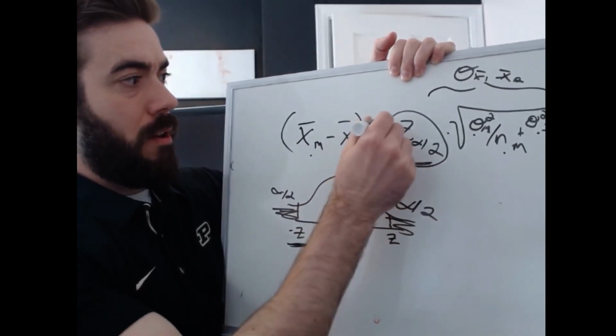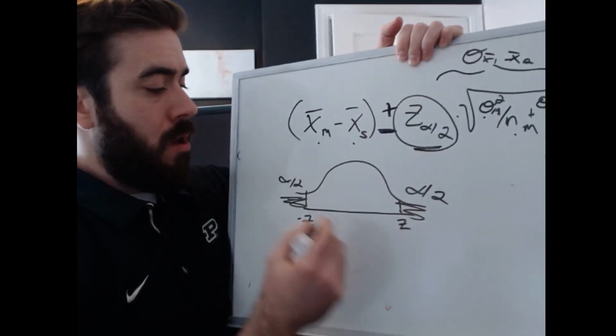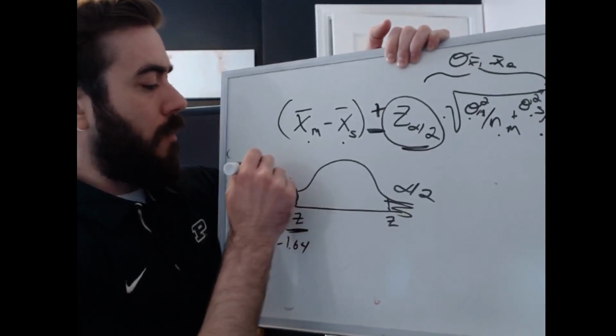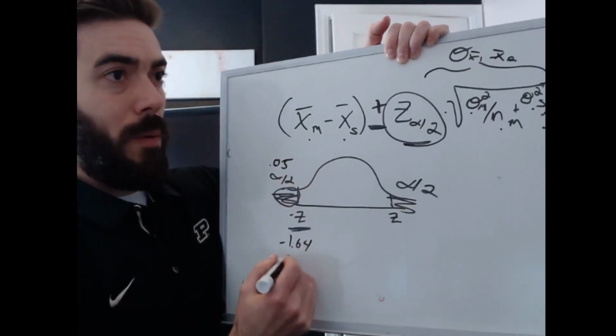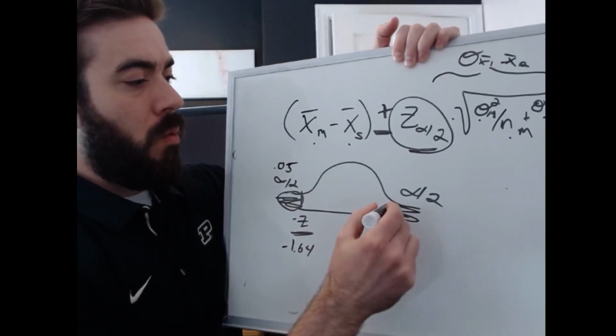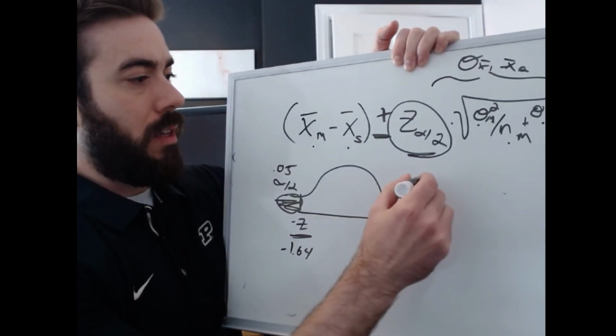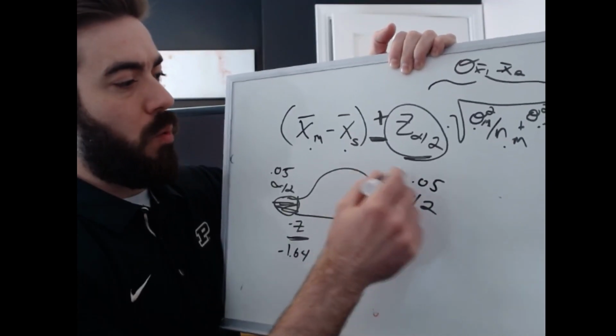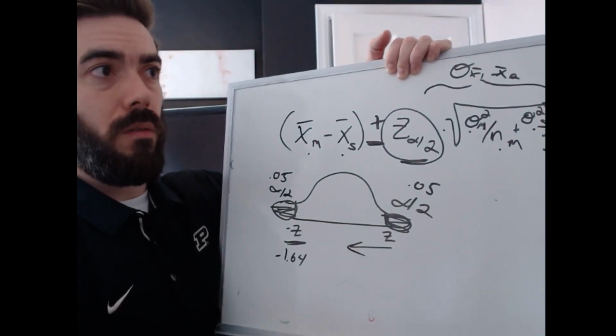The positive z-value gives me the upper bound. So I could have looked up alpha over 2, and it told me, alpha over 2 being 0.05, negative 1.64 about. Well, if I want 0.05 in this tail, what would be to the left of that z-score? Well, it'd be 1 minus that, so 1 minus alpha over 2. Okay? So that's where that came from.